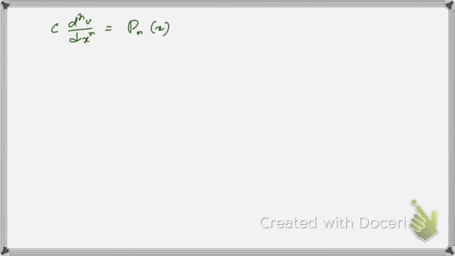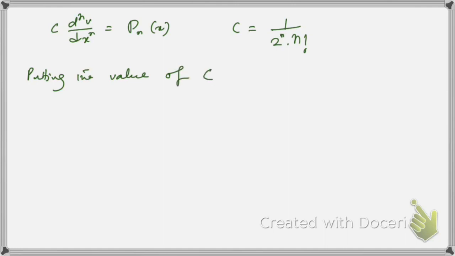If you put the value of C, that we have got, C is equal to 1 by, sorry, not factorial, 2 to the power n into factorial n, and put it in equation number 4, then you will get this result.